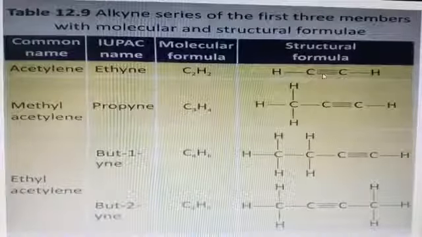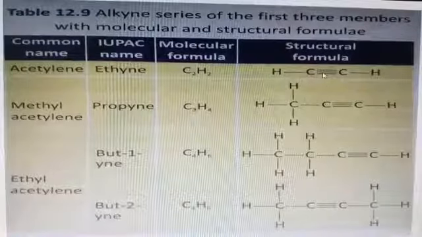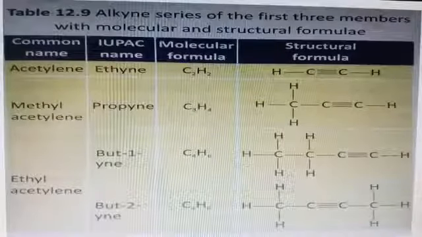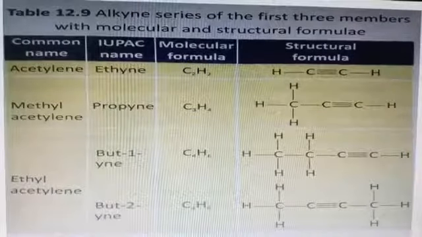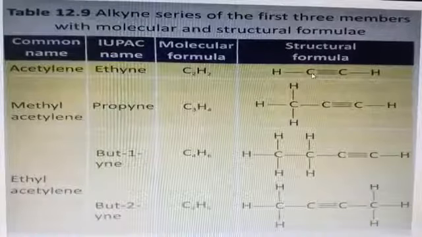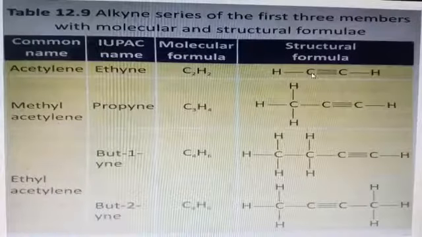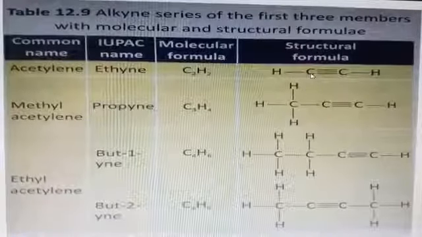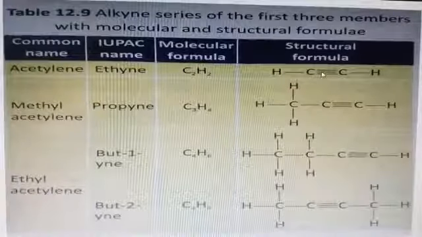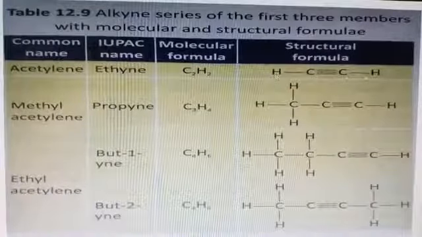Now how many more hydrogen atoms can be added? For this you can go back to alkane. Had it been alkane, it would have 6 hydrogen atoms. That means 4 more hydrogen atoms can be added to this molecule.